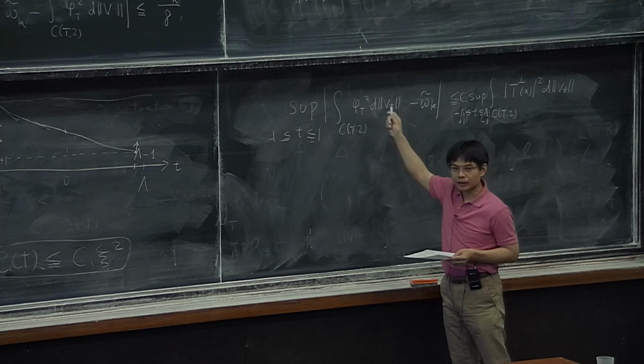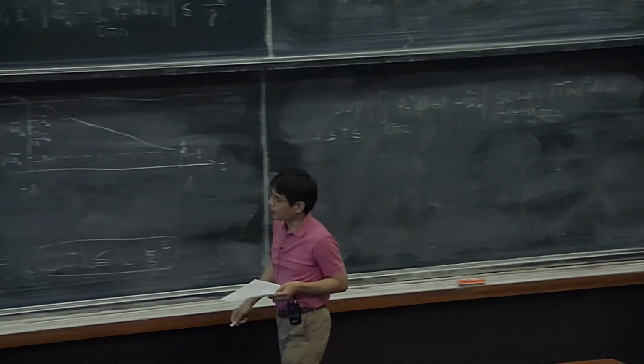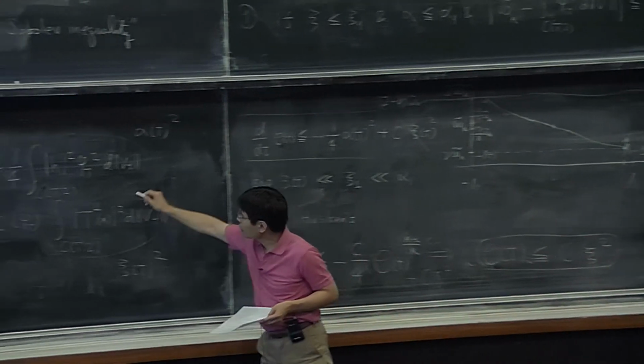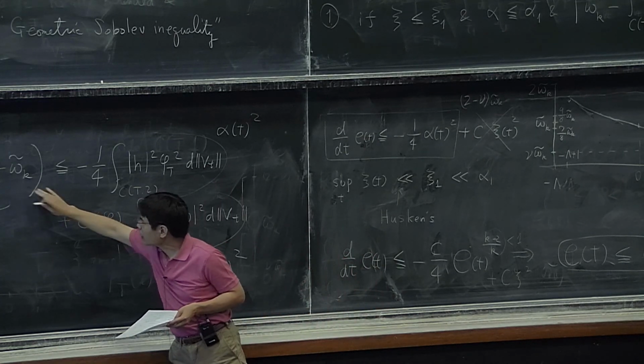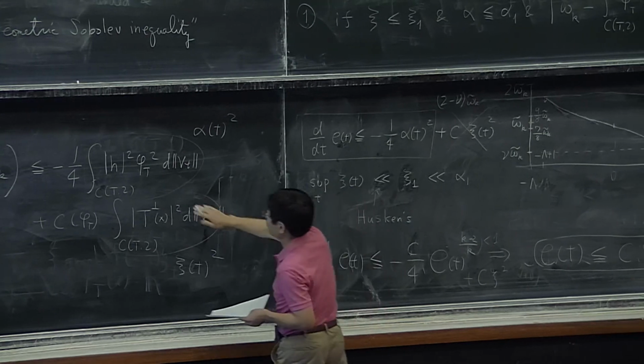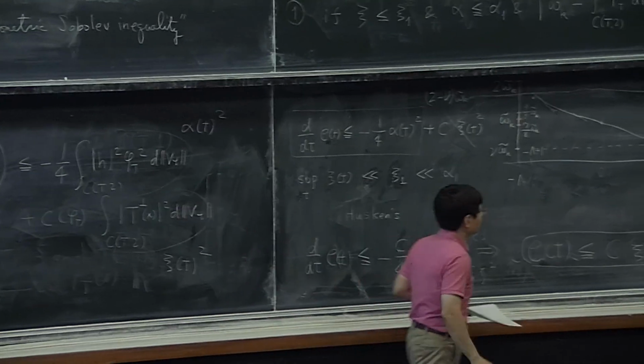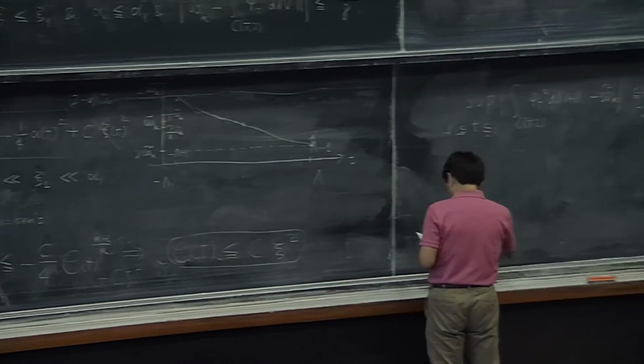And once you get this bound uniformly in time, because of this relationship, you also get an L2 bound of the mean curvature in space-time.